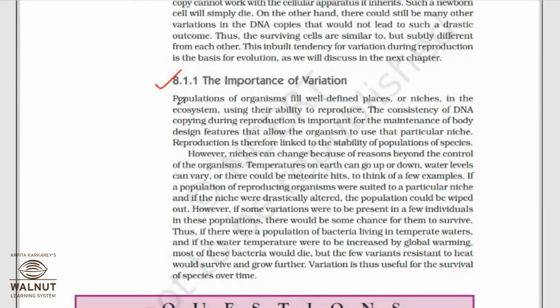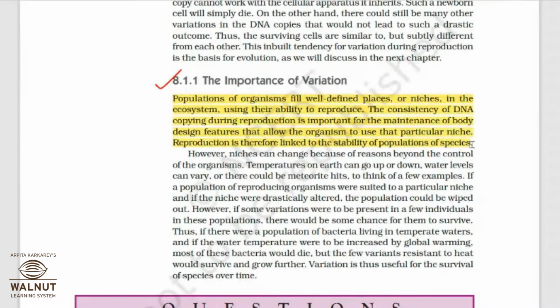Maybe I'll read the first paragraph for you. The population of organisms fill well-defined places or niches. What is a niche? A niche is, again, you can say, organisms or a group of organisms residing in a particular place.